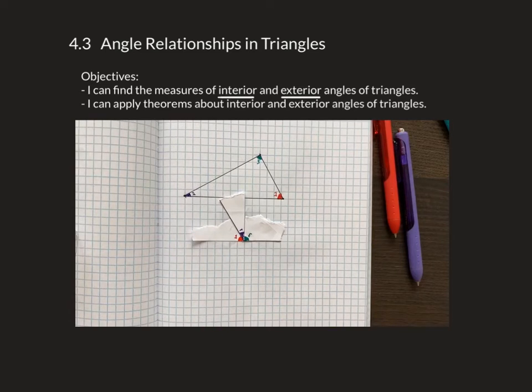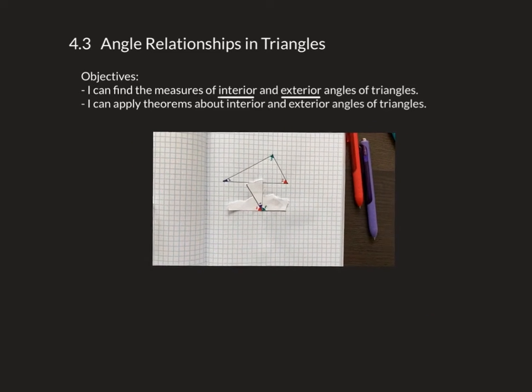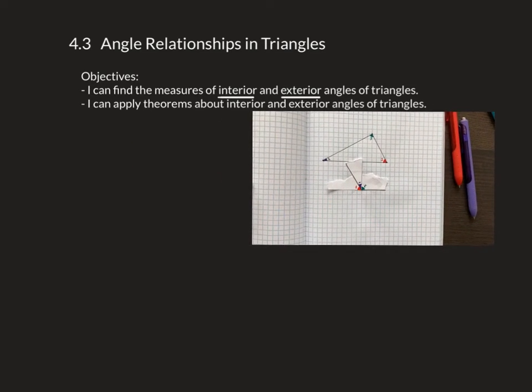Now what we want to do is think about what is the sum of all the angles in that triangle. By doing this activity, we did an informal proof to show that the measure of angle 1 plus the measure of angle 2 plus the measure of angle 3 will equal 180 degrees.